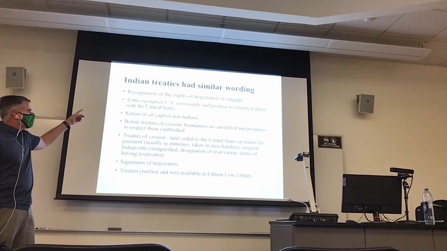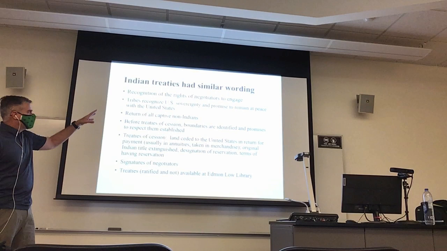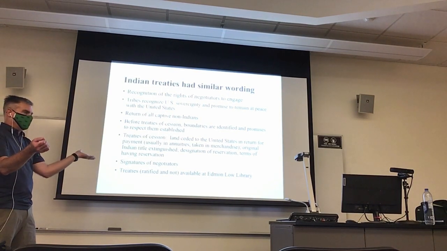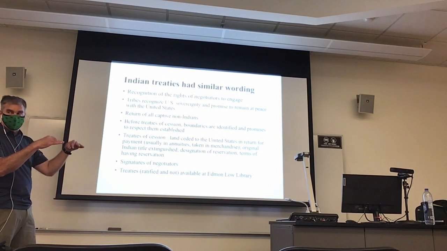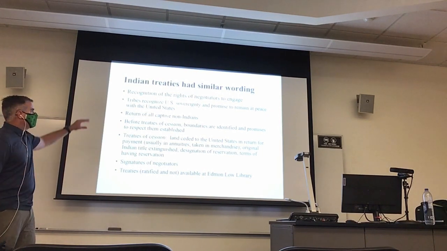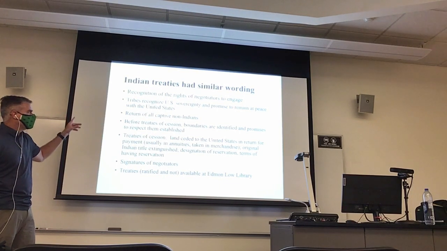Number one, there's a recognition, sort of a legal formality, there is a recognition of the rights of the negotiators representing the United States and representing one or more Indian tribes to engage in some sort of negotiation, okay? So first of all, we're saying we're legitimate, okay? And number two, typically what you'll find is a statement about how the tribes recognize the United States sovereignty.